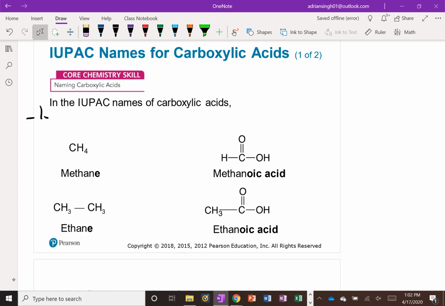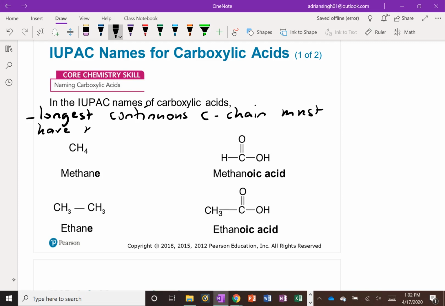All right, so the longest continuous carbon chain must have the carboxylic acid attached.